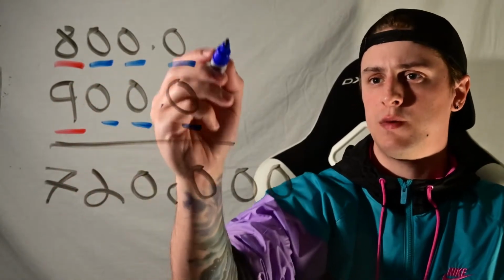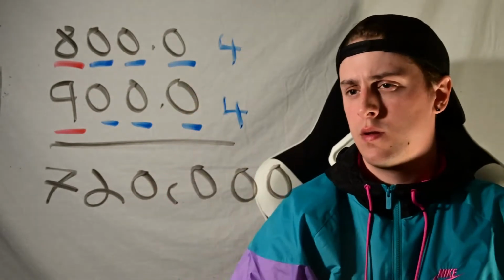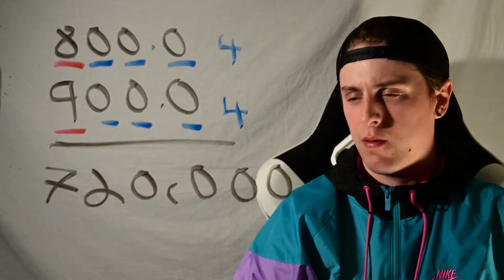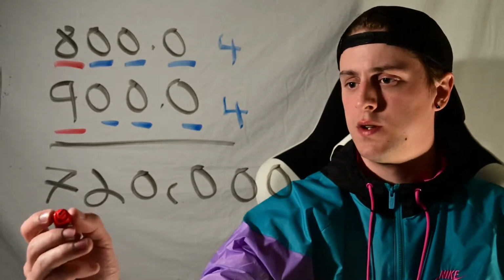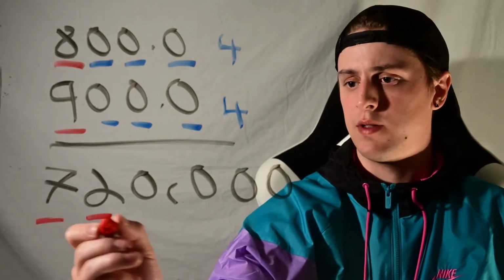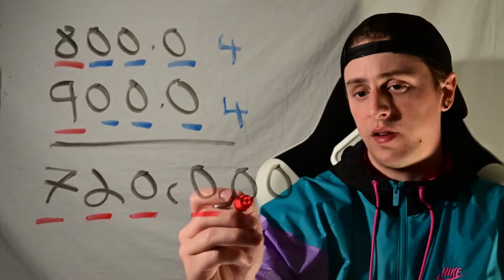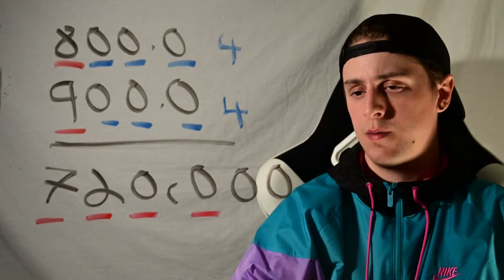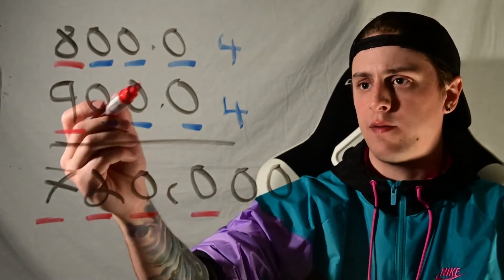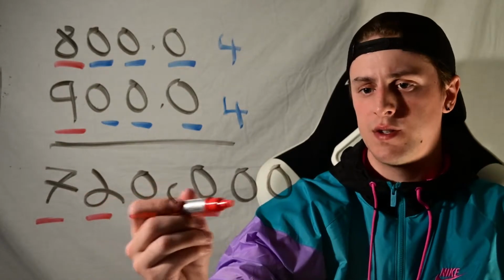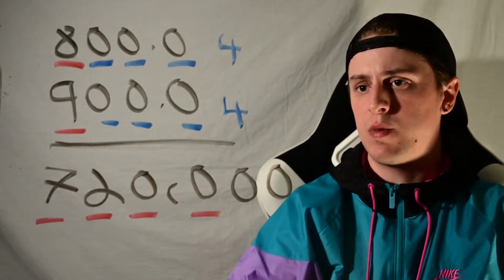So in each of these, we have 4. So what do we do here in our answer now? Well, just make sure we have 4 significant figures. So we count this, and we count this, and this, and this. We can still add these zeros because it doesn't change our equation. We still have 4 significant figures, and these zeros don't count because there's no decimal. So this would be our final answer.